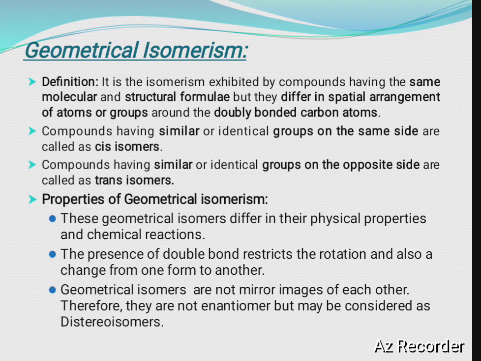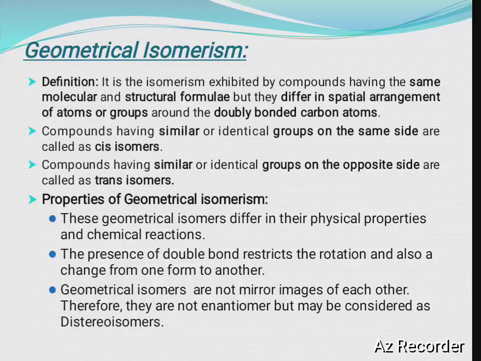What is meant by geometrical isomerism? It is the isomerism exhibited by compounds having the same molecular and structural formula, but they differ in spatial arrangement of atoms or groups around the doubly bonded carbon atoms.